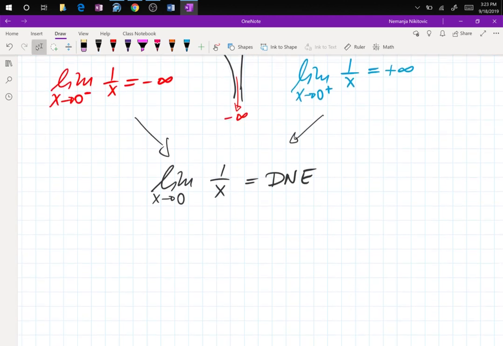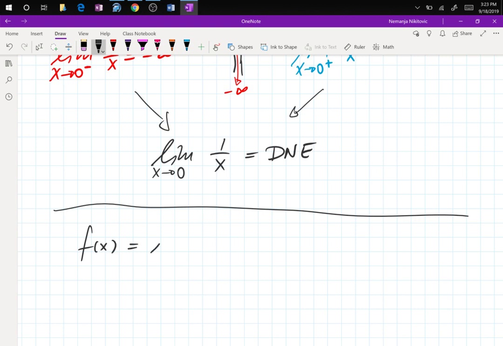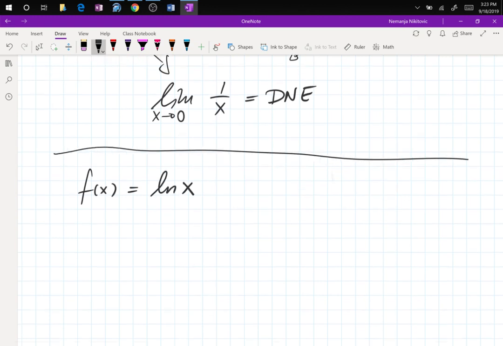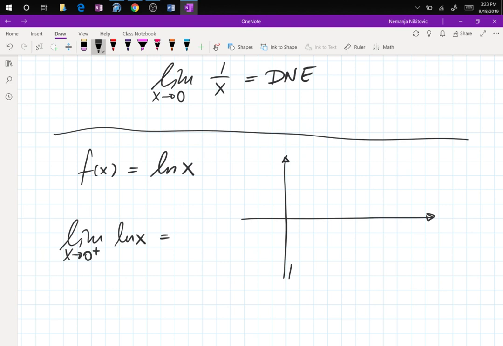What else would be a good example of something like this? The ln function is another example. If I have f of x equals ln of x, and you would like to know the limit as x approaches 0 plus of ln x. Well, ln x is a function that only has positive values in the domain.